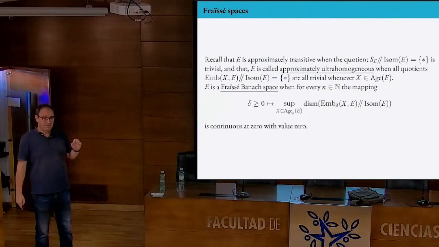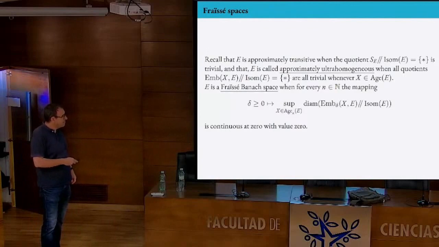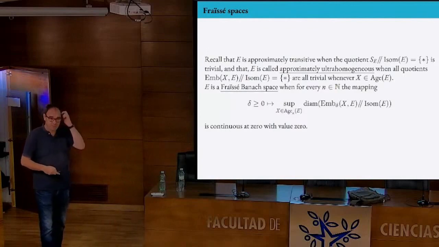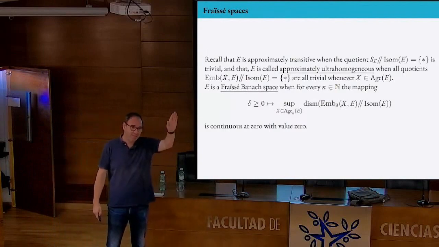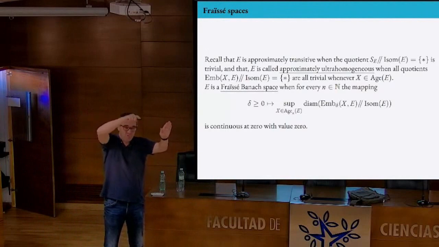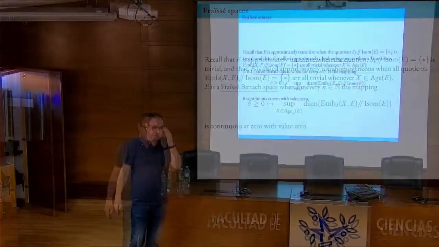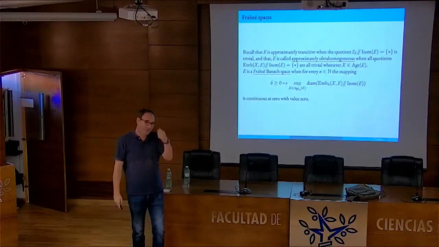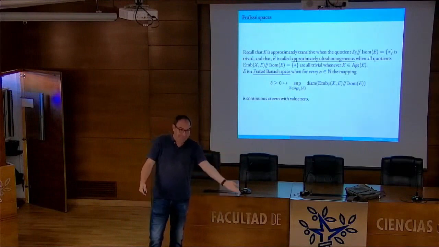What I want is the diameter. It should be clear that the diameter of this cannot be 0, because you might have a delta isometric embedding and an isometric embedding, and of course you cannot move one to another as close as you wish by an isometry, because if you compose an isometric embedding with an isometry, this is an isometric embedding, not a delta isometric embedding.